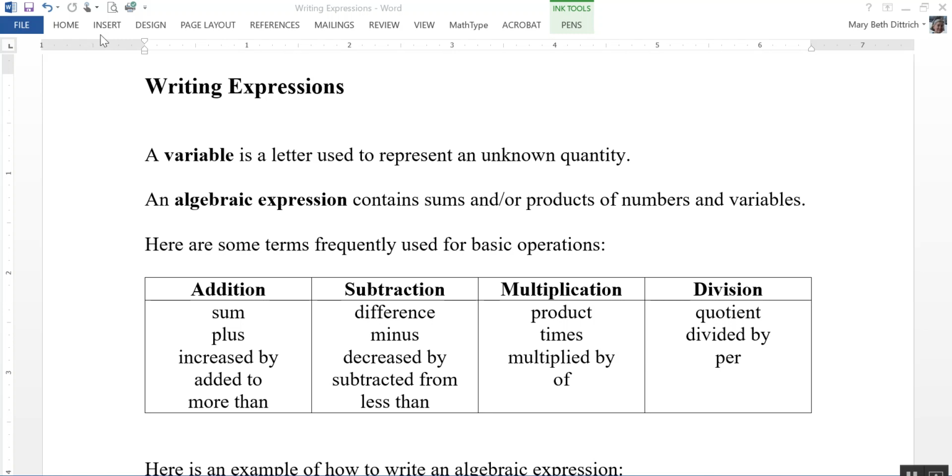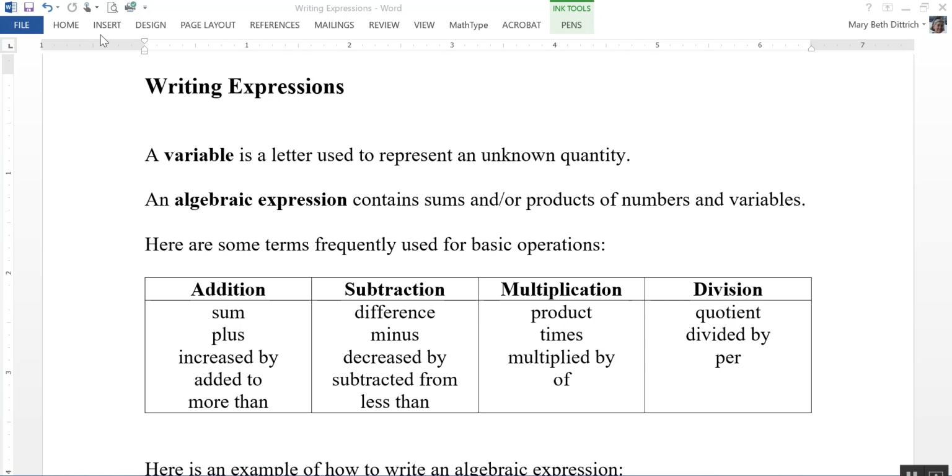Here are some of the terms that are most frequently used for the basic operations. For addition, we can use the word sum or plus, increased by, added to, or more than. All of those mean addition. Terms for subtraction include difference, minus, decreased by, subtracted from, and less than.